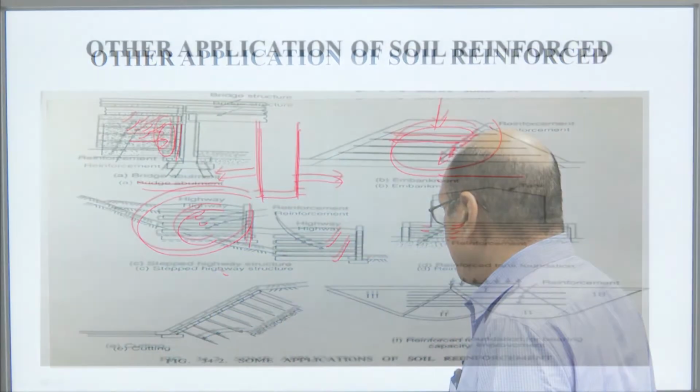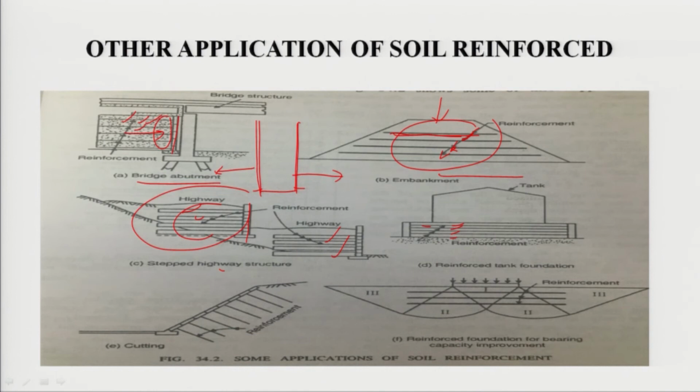The next is the cutting of earth, and you can see here the reinforcing elements have been provided. This is the foundation and this is the envelope of the foundation. We can provide reinforcing steel. So, this will bear the stress developed in the soil mass, especially in zone 2.